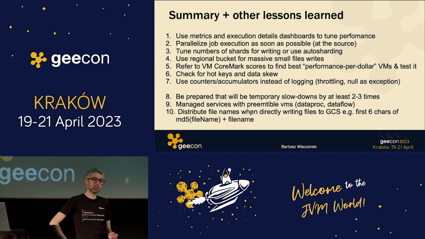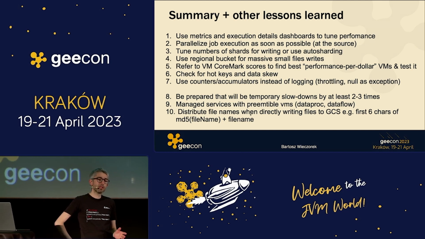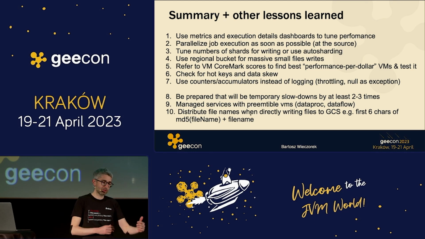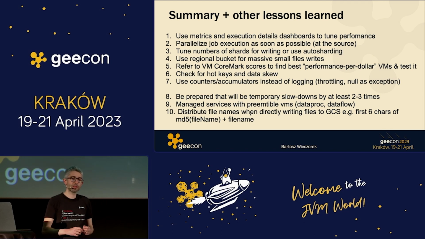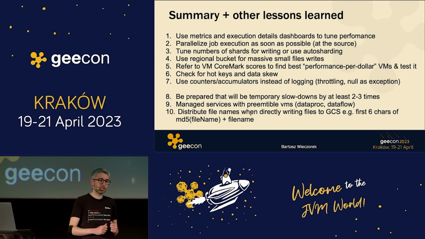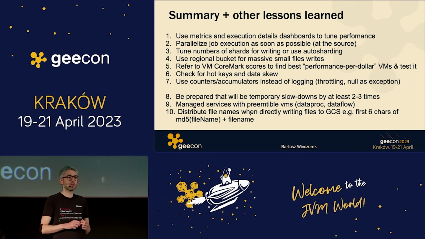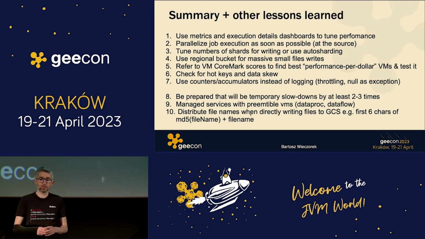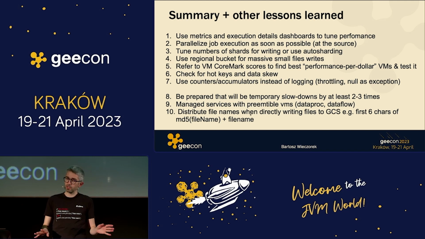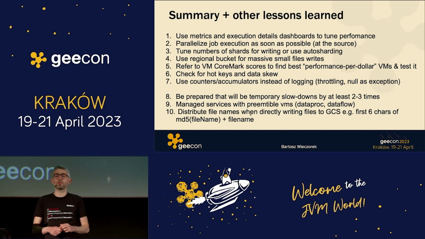Be prepared in your pipeline design that such temporary slowdowns will happen, hopefully short, in terms of days, and be prepared for that. So if you have SLAs on delivering the data, you will still meet them. Even though for 10 weeks it's okay, the 11th week may go wrong.